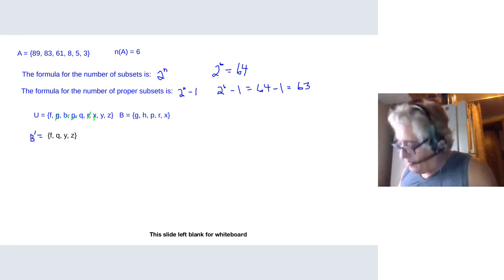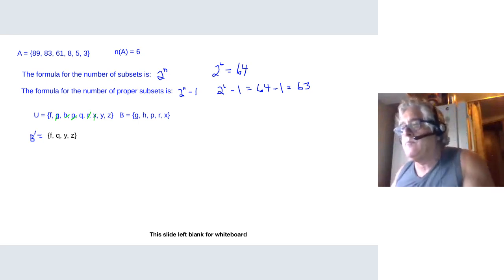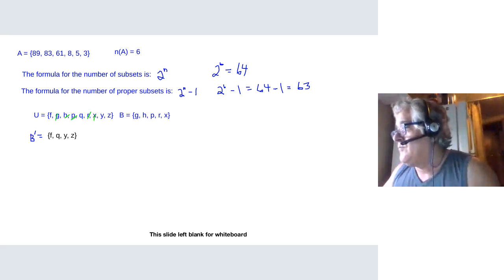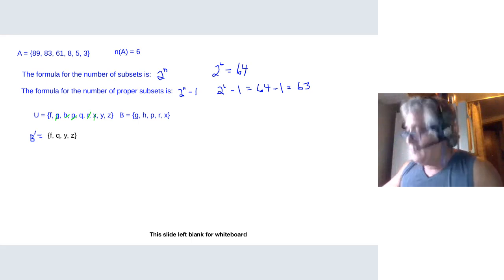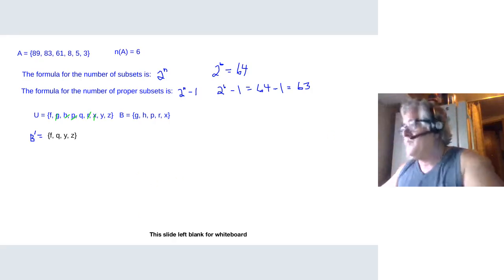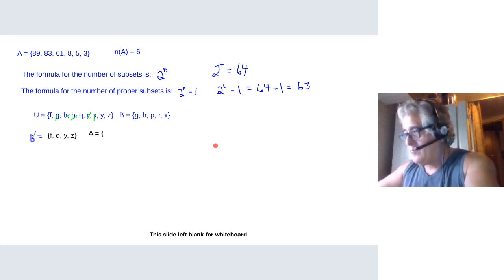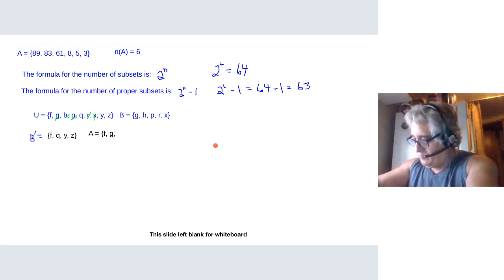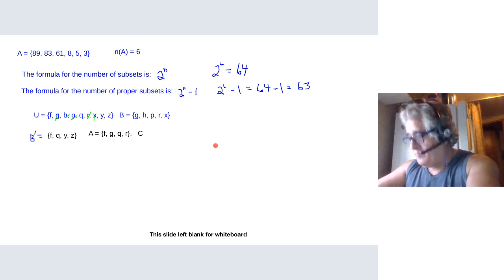So A is F, G, Q, and R. C is Q, R, X, and Y. Okay.